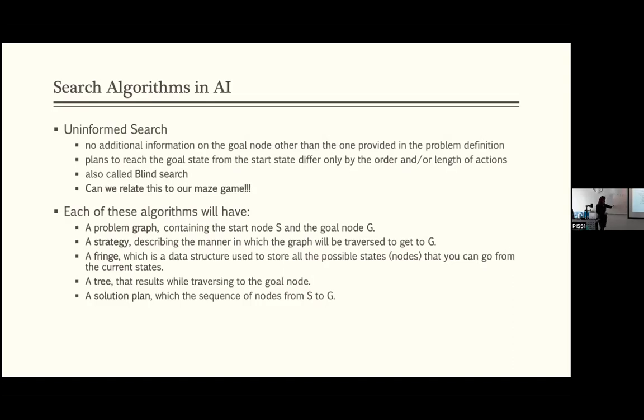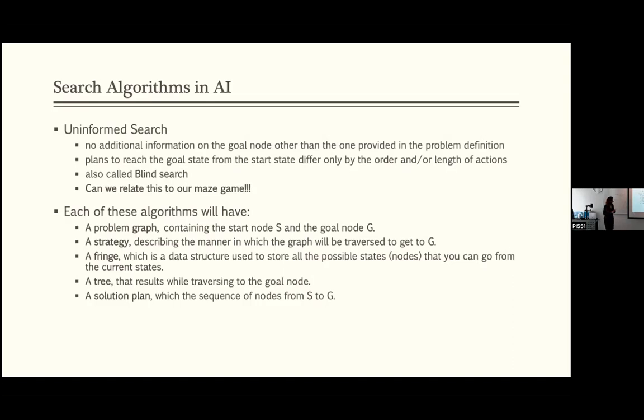Problem graph, strategy, how we can traverse from A to B, and fringe, whatever we are using, whether we are using a stack or a queue. I assume everyone is very well acquainted with the terms stack and queue.